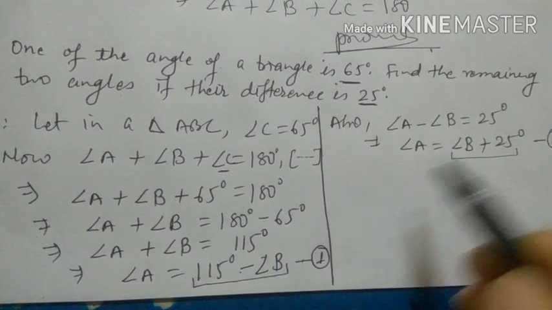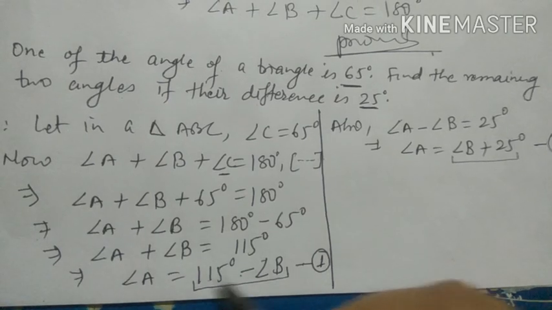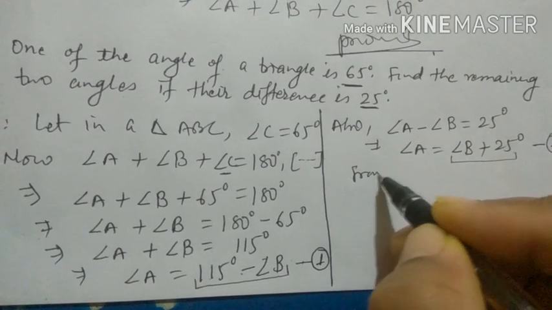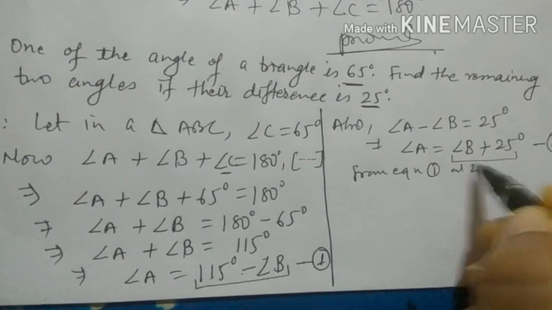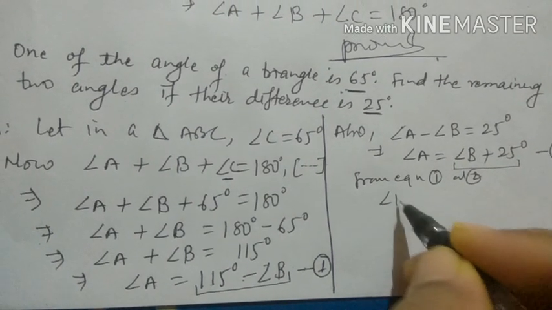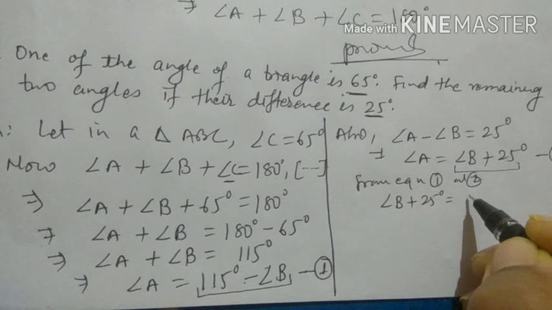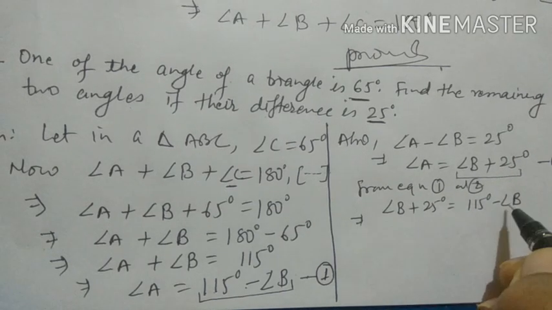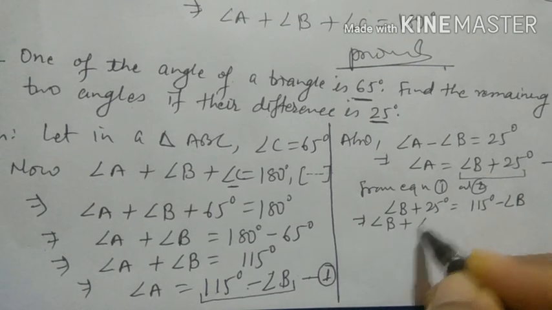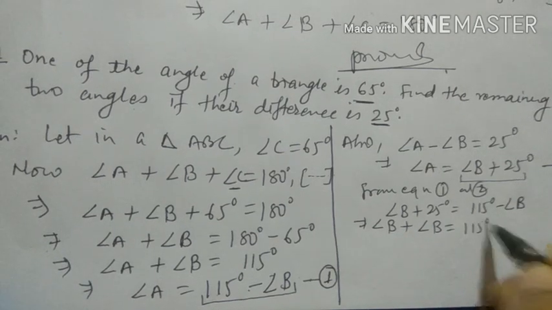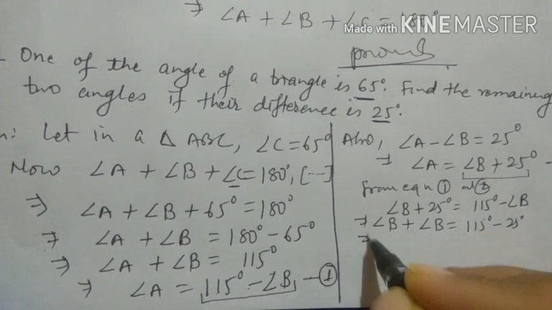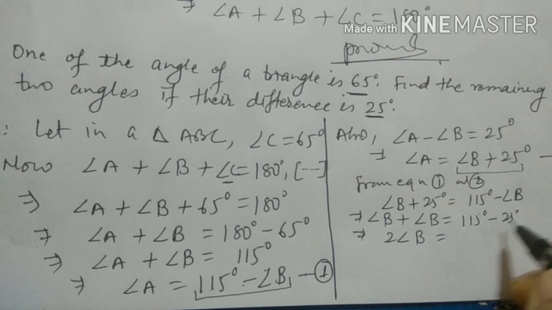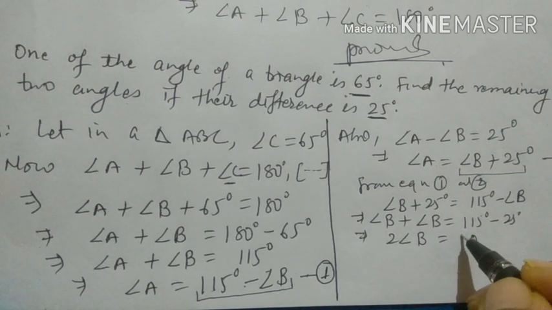Both are values of angle A, so 115 minus B must equal B plus 25 degrees. So angle B plus angle B equals 115 degrees minus 25 degrees, and twice angle B equals 90 degrees.